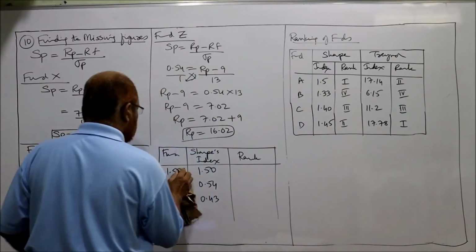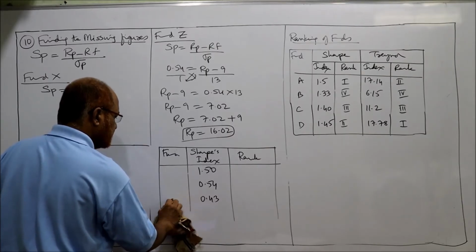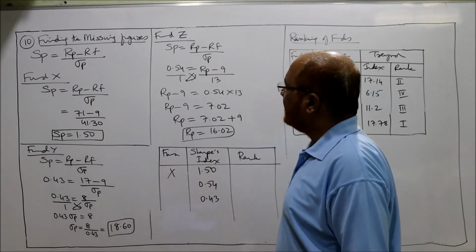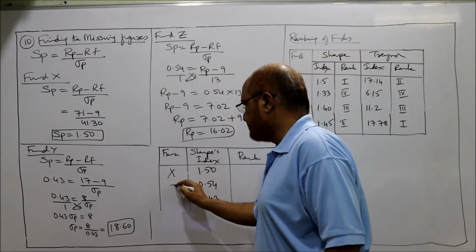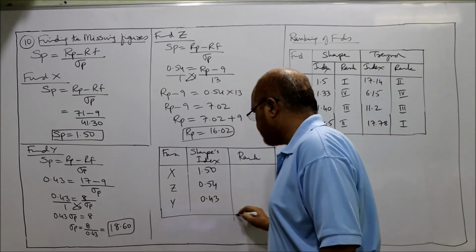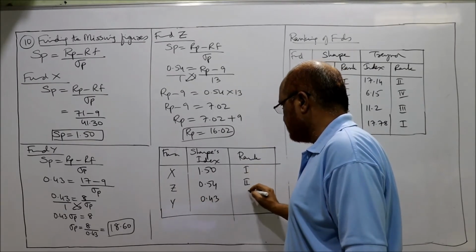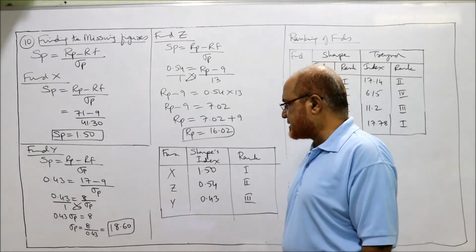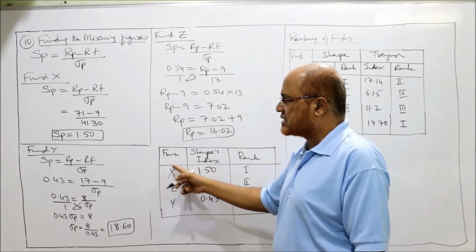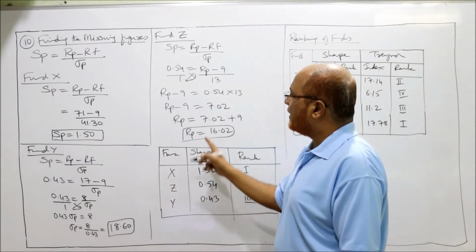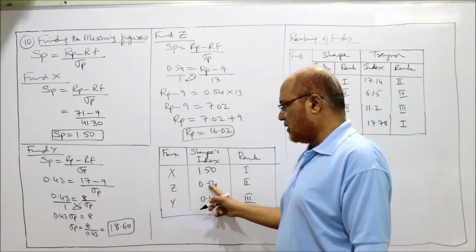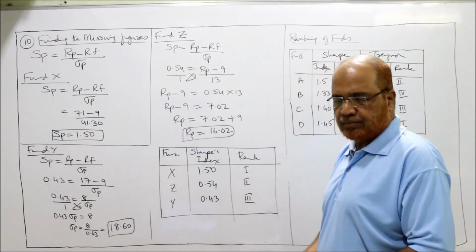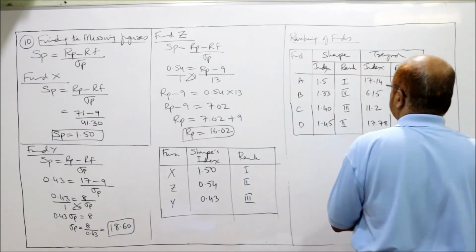Now we have to write down the funds. 1.5 is for fund X. 0.54 is for fund Z. And this is Y. So arranging the funds in descending order of their index: the highest index 1.5 for fund X. SP of Z is 0.54. And SP of Y is 0.43. That's all. This is problem number 10.